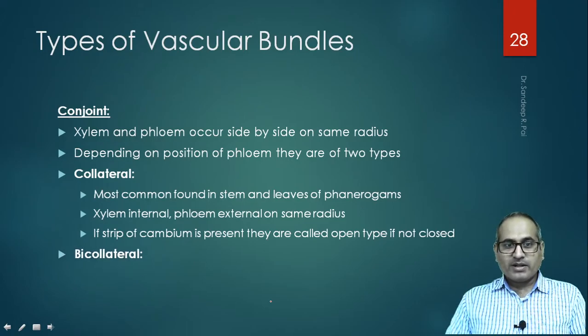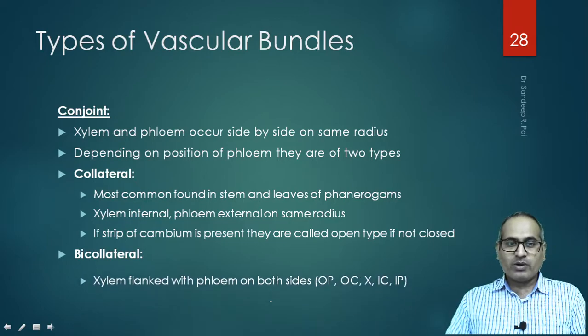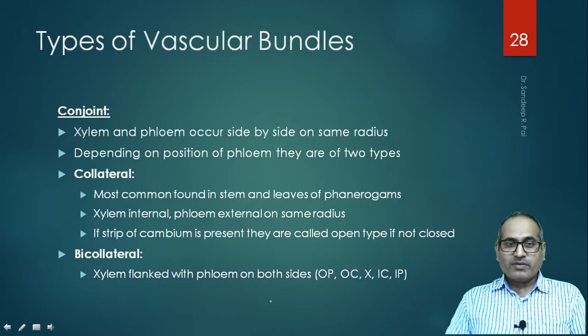The next type in conjoint is bicollateral. Xylem is flanked with phloem on both the sides. So xylem will be into center and phloem on the outer side, on both the sides.